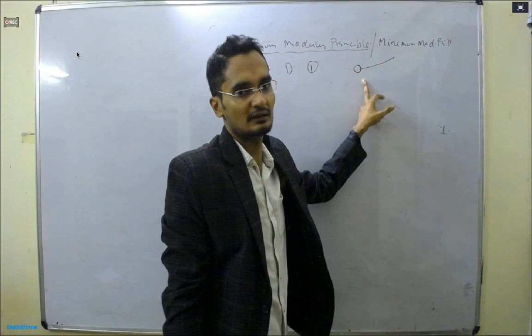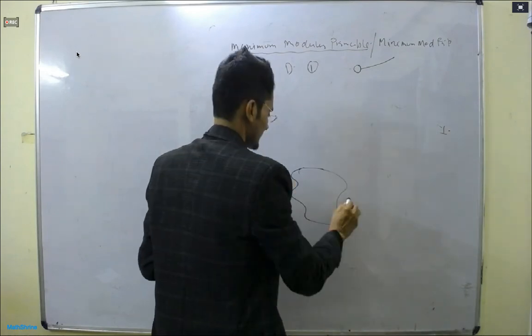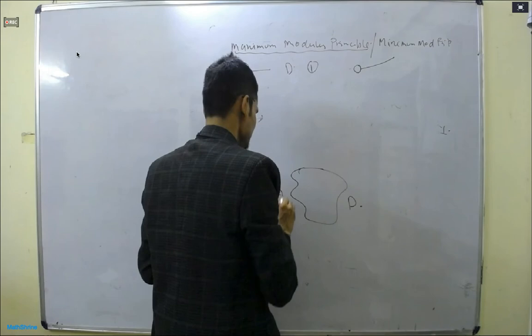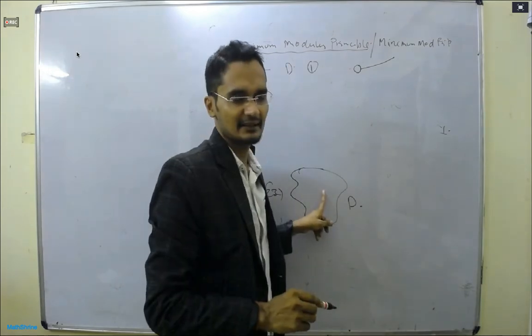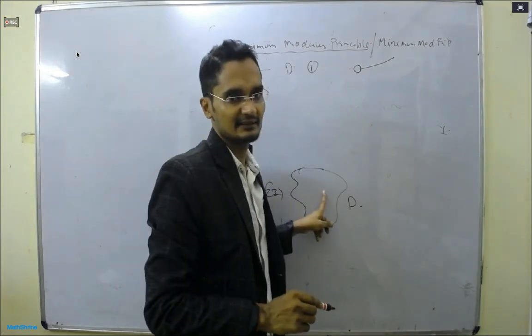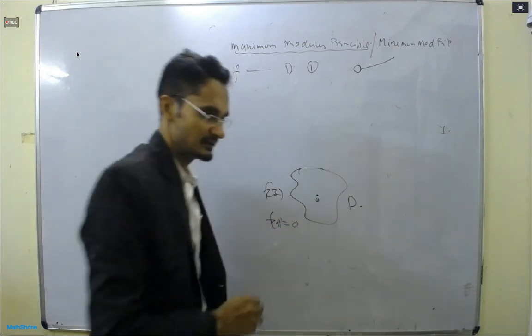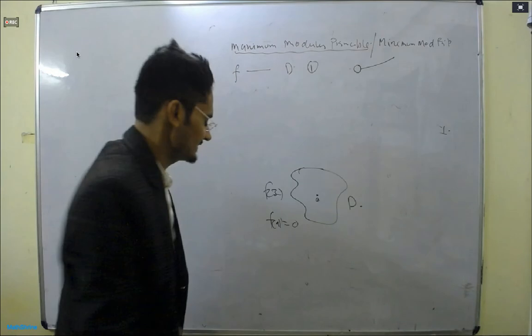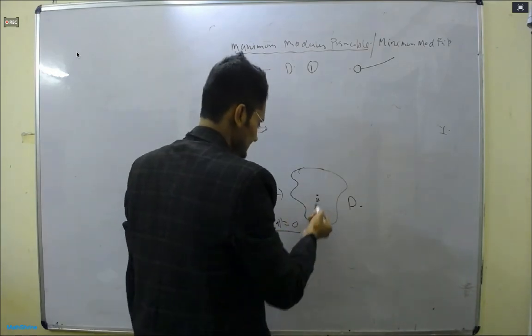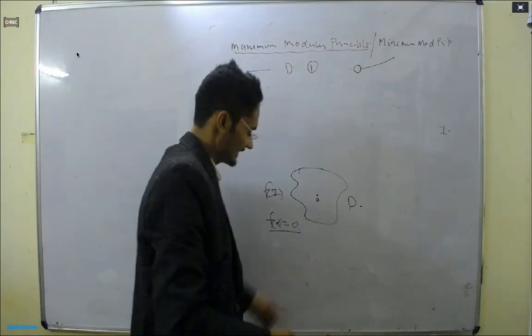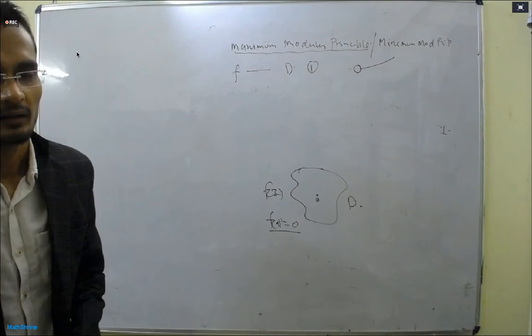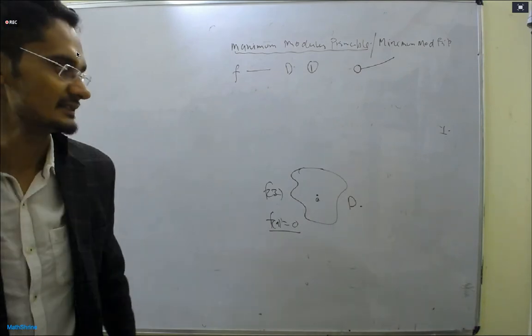So the minimum can be attained if the function is vanishing at some point, because the minimum value can be 0 only. But this question becomes not interesting. You can simply calculate. But if the function is non-zero, then minima cannot be attained inside and maxima also cannot be attained inside.